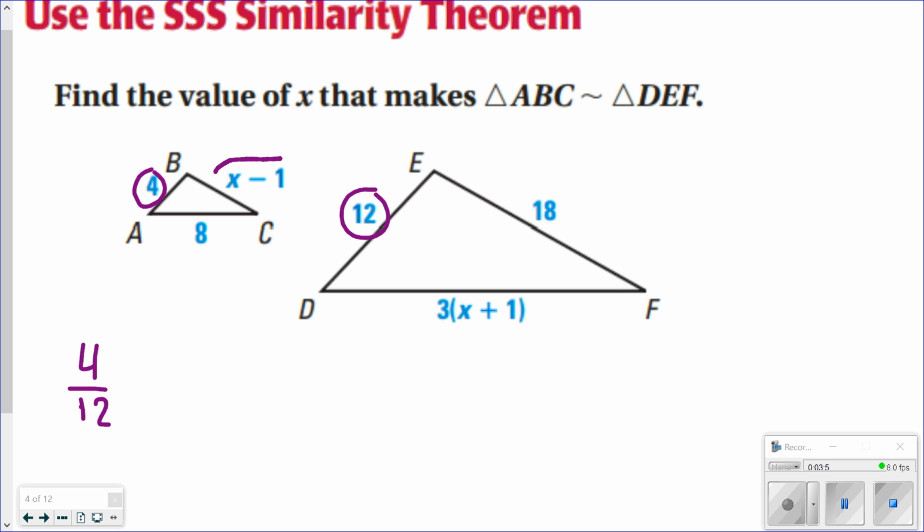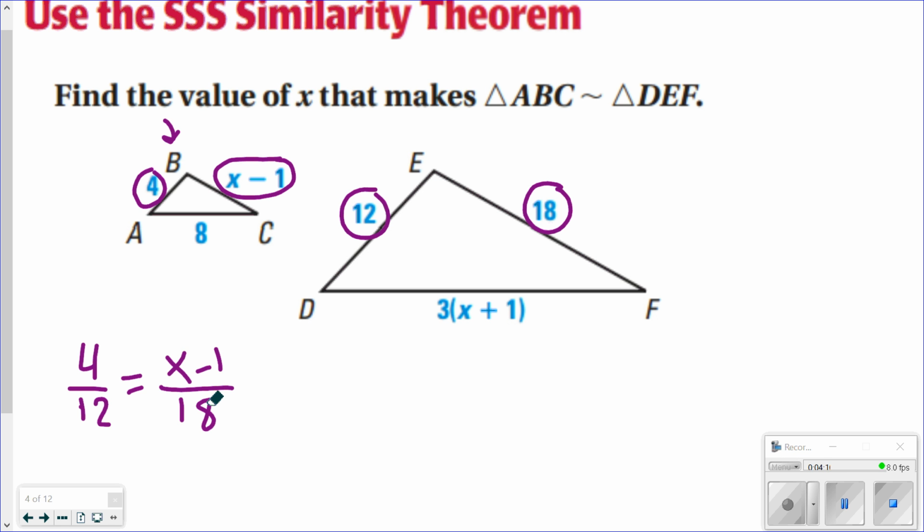I'll use this one. And what side of the larger triangle corresponds there? It would be 18. So since 4 is in my numerator and it's part of this triangle here, I need to make sure I put x minus 1 in the numerator for my second equation, and then 18 in the denominator because that corresponds with 12.